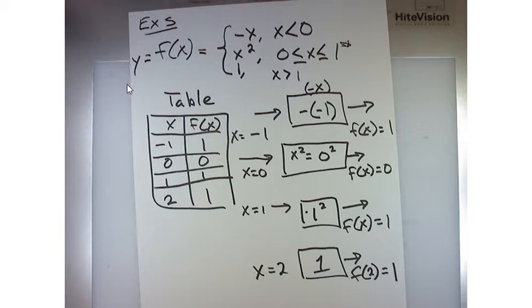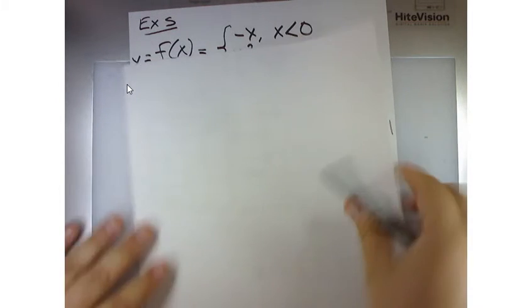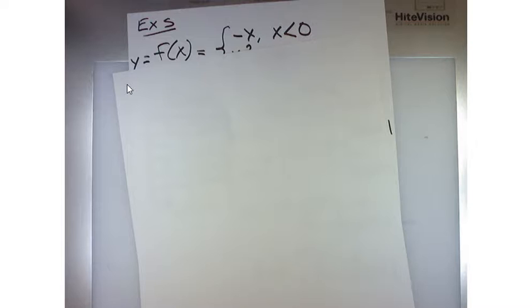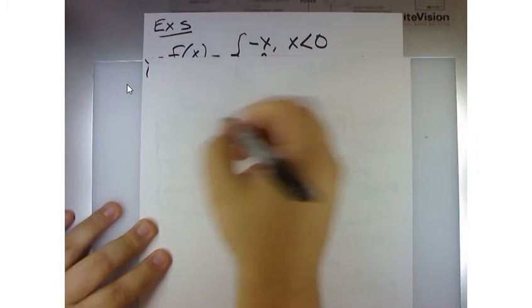Yeah. So now for a piecewise function, if we were to graph this, let me show you what this would look like. I'm going to sketch it or freehand it. From all x values, so this is our function.